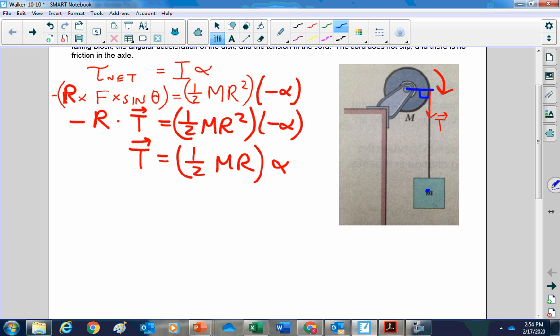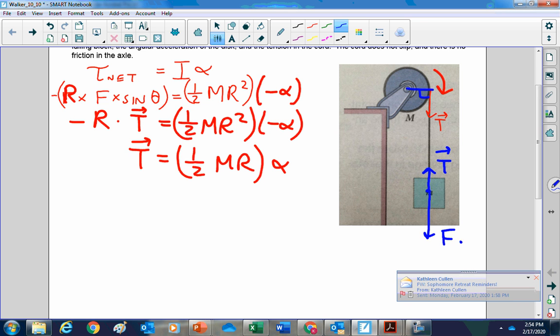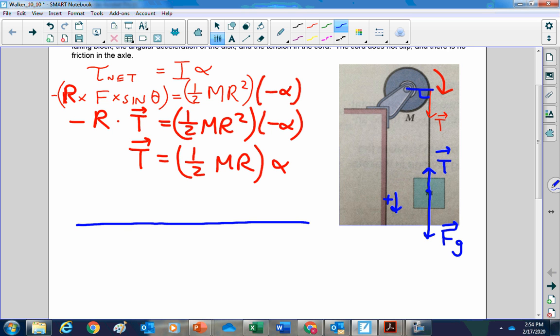If you drew its free body diagram, it's got tension up and Fg down. Fg is going to win. Let's say the positive direction is down here. So we have Newton's second law: F net is equal to mass times acceleration, and now I'm talking about linear acceleration.